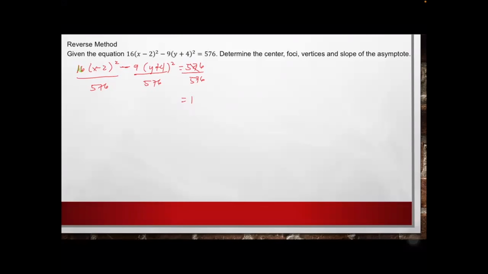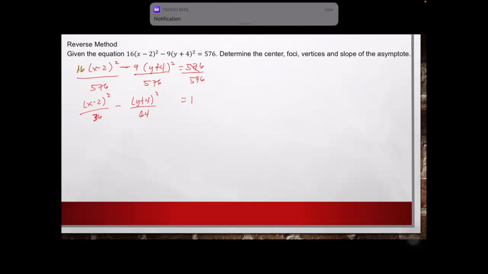So, in this case, magkakaroon tayo ng 16 divided by 576. This will be 36. Magkakaroon tayo dito ng x minus 2 squared over 36, then minus 9 over 576, this will be y plus 4 squared over 64.